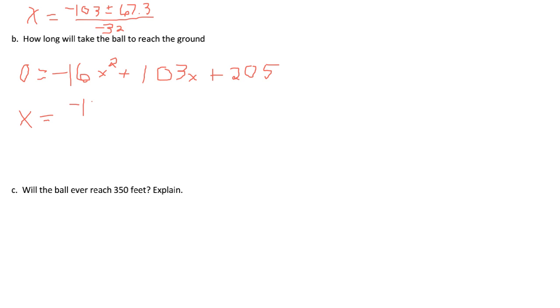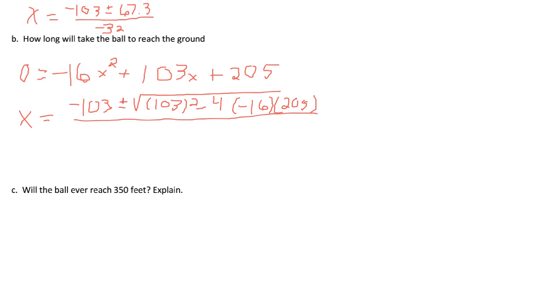Negative 103 plus or minus the square root of 103 squared minus 4 times negative 16 times 205, all over 2 times negative 16 is negative 32.